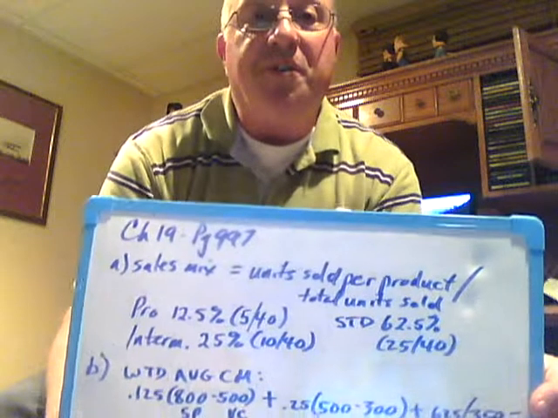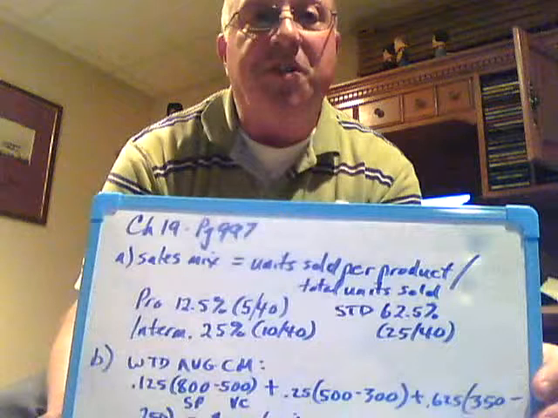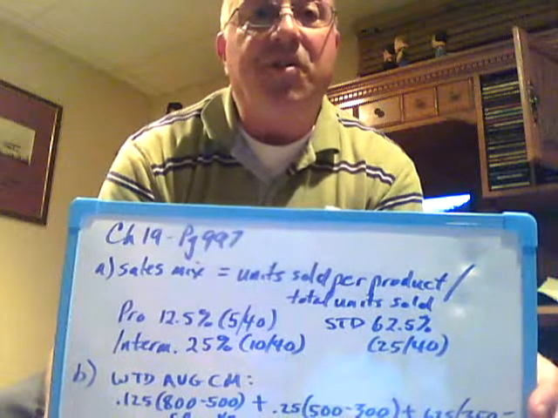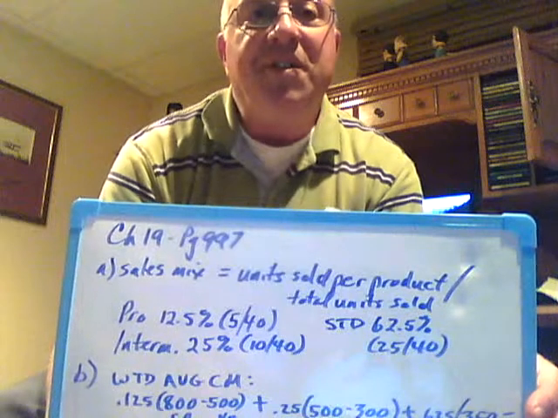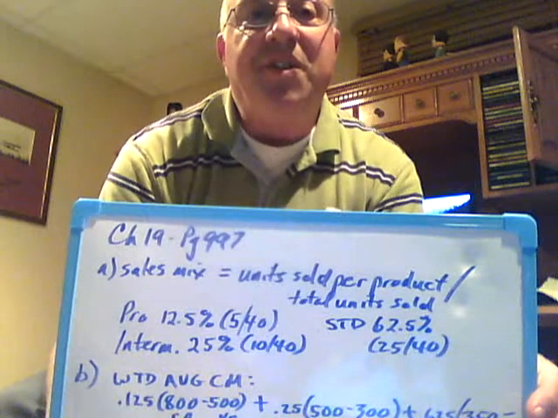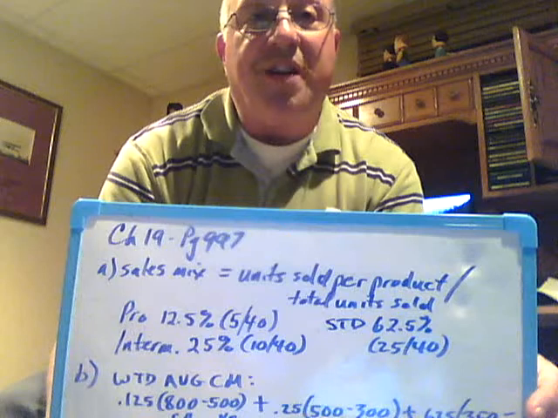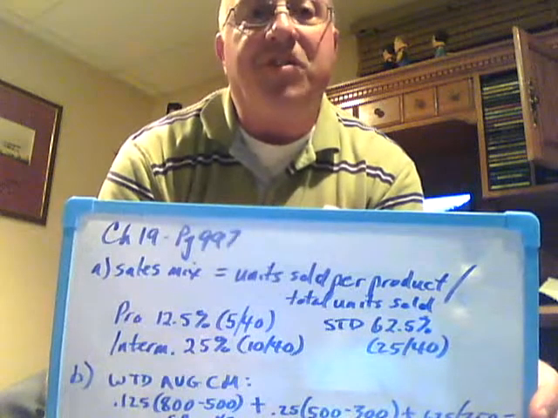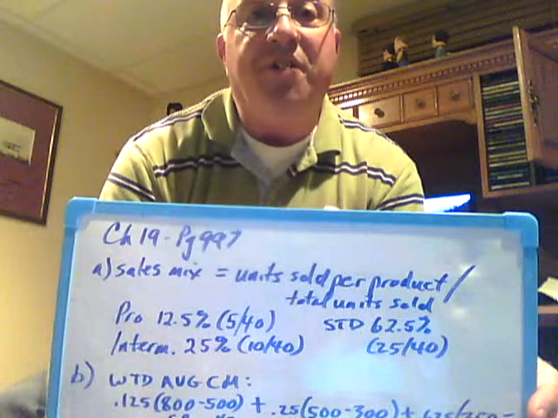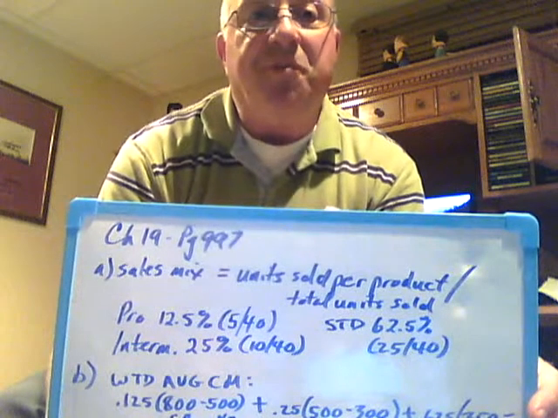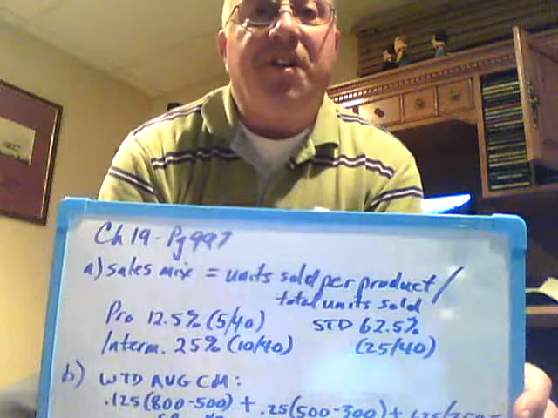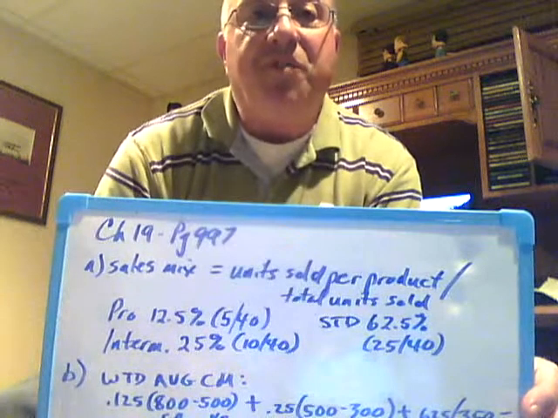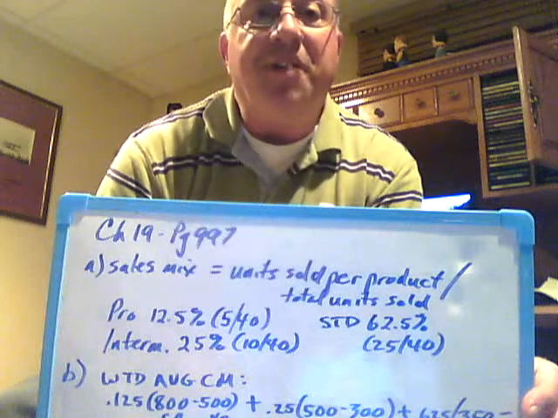We know from what they told us that there are going to be a total of 40,000 units sold. The Pro bicycle is projected to sell 5,000, which is only about 12.5% of that total, based on 5 divided by 40. The intermediate bike is projected to sell 10,000, so that would be 25%, 10 divided by 40.